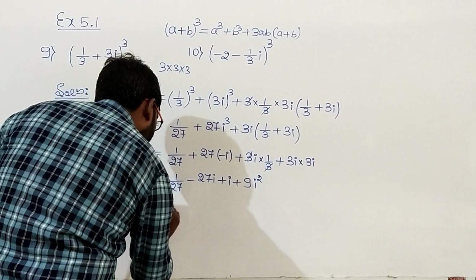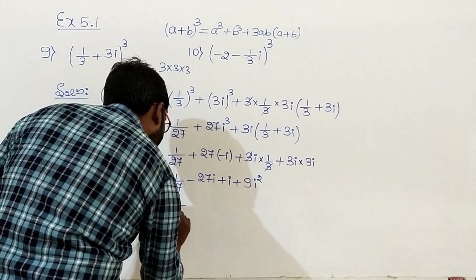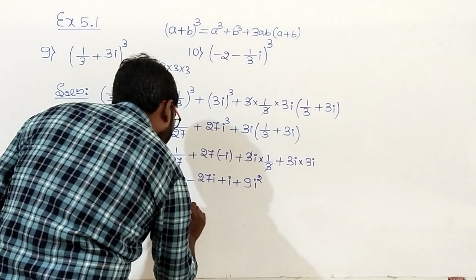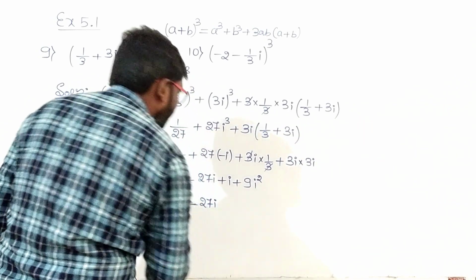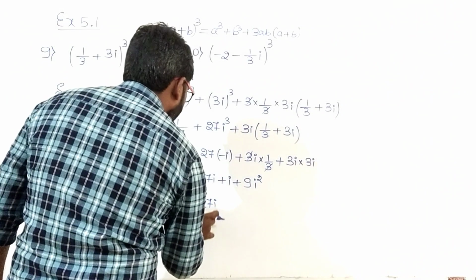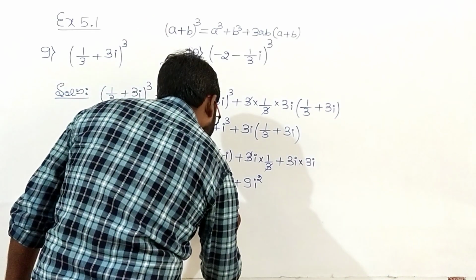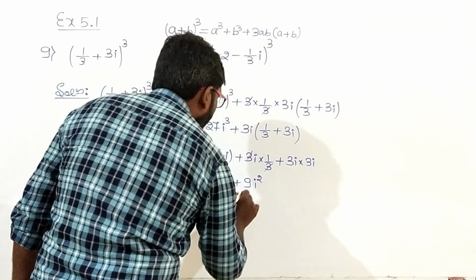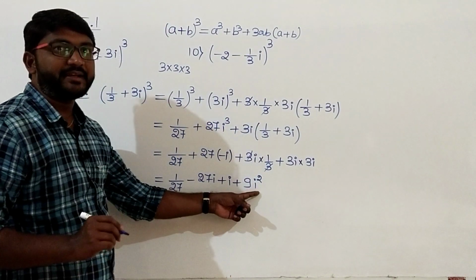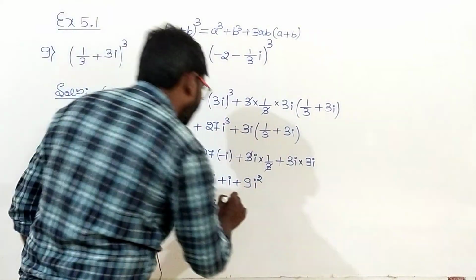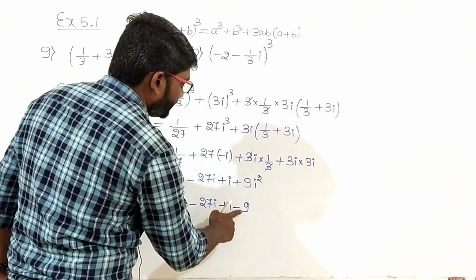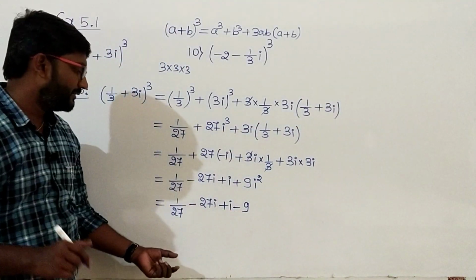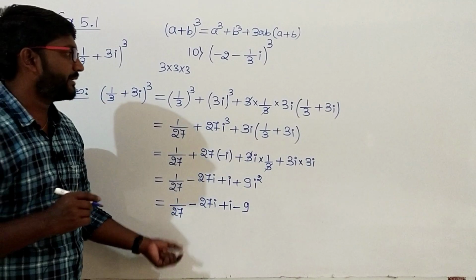So now 1/27, then minus 27i, then plus i. Then the i square value is minus 1, minus 1 into 9 will be minus 9. So we have to group the real part and the imaginary part separately.